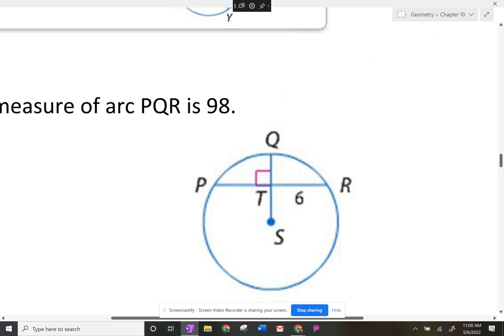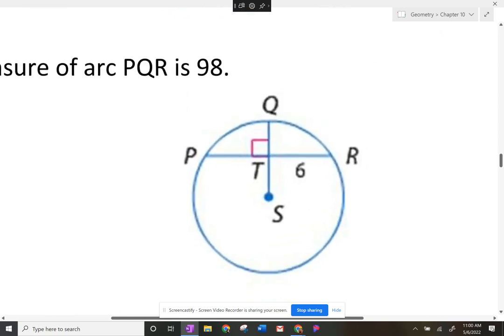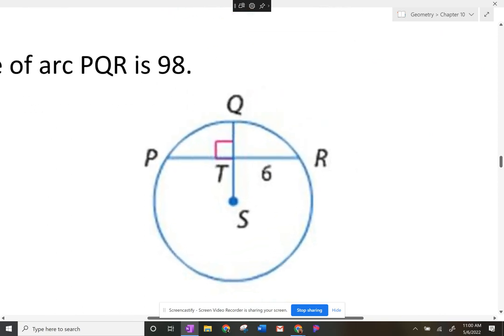All right, example 1. Here, I'll just zoom in so you can see it. Here's what my circle looks like. But if you want to draw the picture, you can.